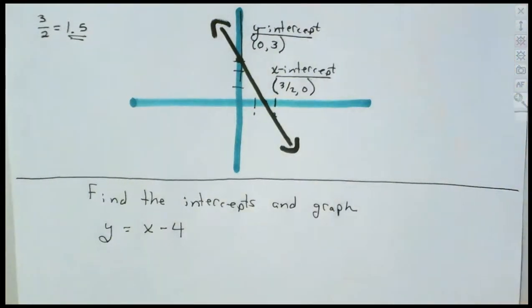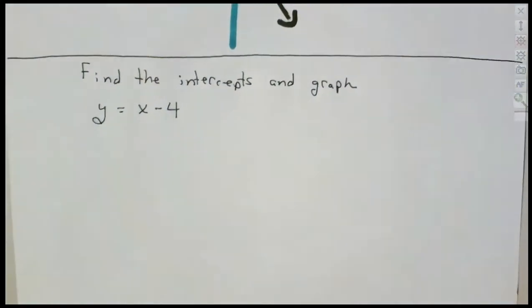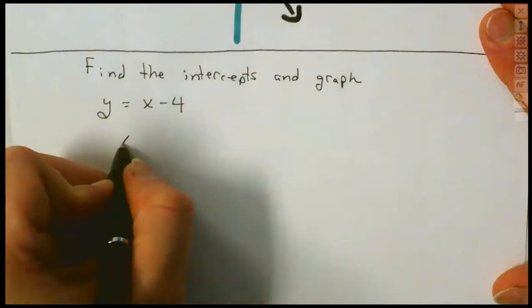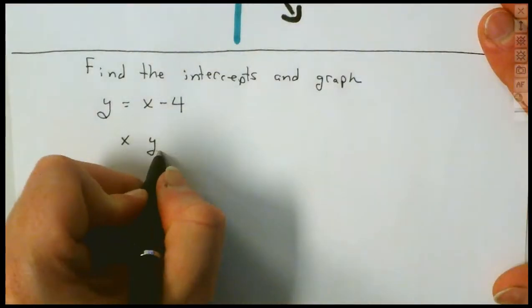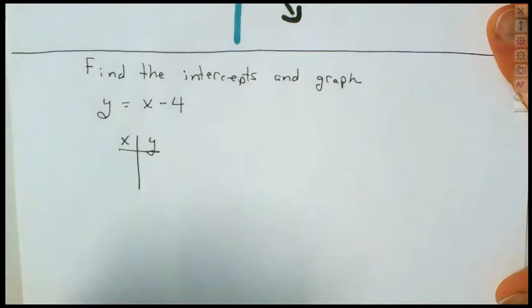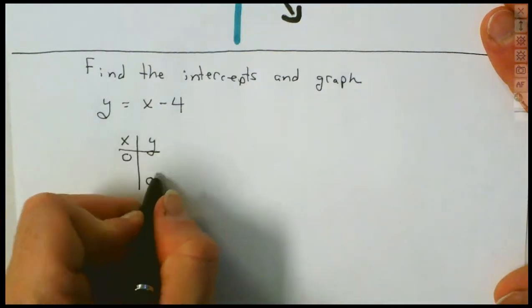So I want you to find the intercepts and I want you to graph. Now, if we want to find the intercepts, we need to make an intercept table. And that's got our zeros in it. So we make sure we have our intercept table. This has got our zeros in it.